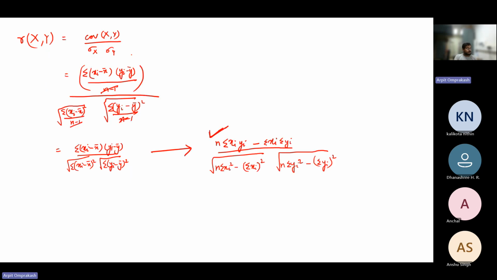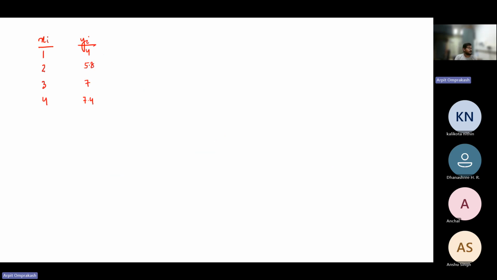So what we need here is xi yi. We need the summation of xi yi, summation of xi, summation of yi, summation of xi square, and summation of yi square. So we'll just make columns for all of that.